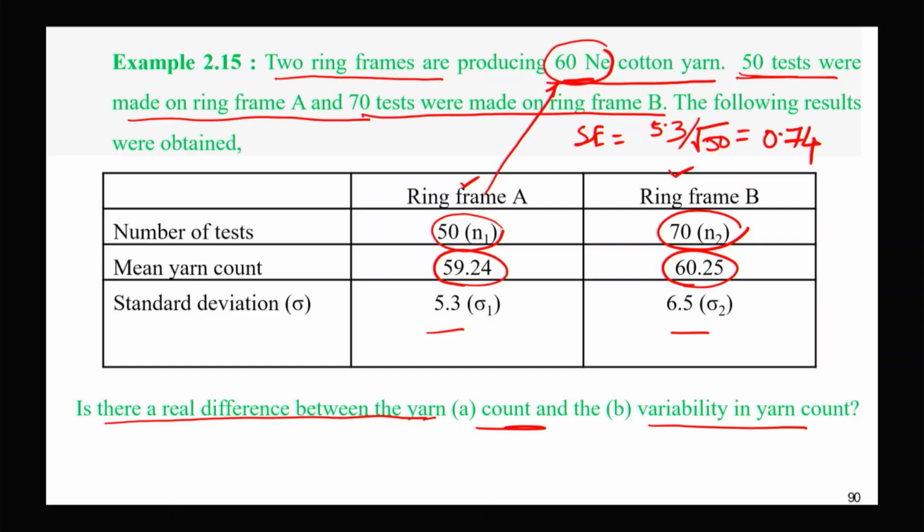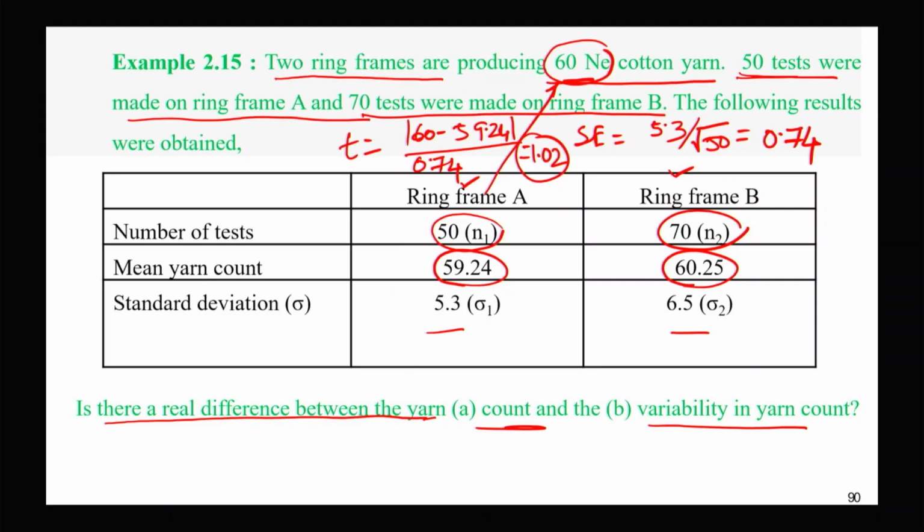Okay, and the t value will be 60 minus 59.24 divided by 0.74, which is 1.02. So we are testing ring frame A by itself.